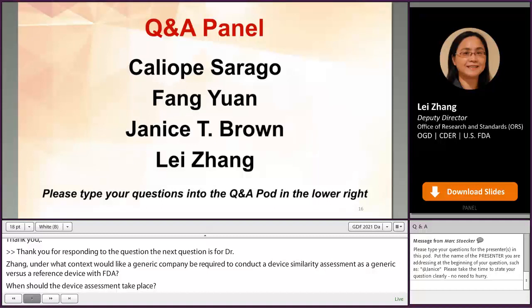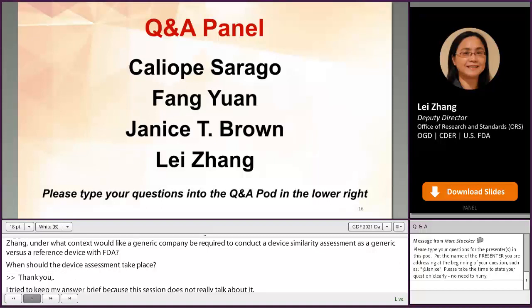If the question is mainly focused on the device, we highly encourage the applicant to submit a controlled correspondence for their device evaluation, and it would be very good to include the intended device to FDA so FDA can evaluate appropriately.